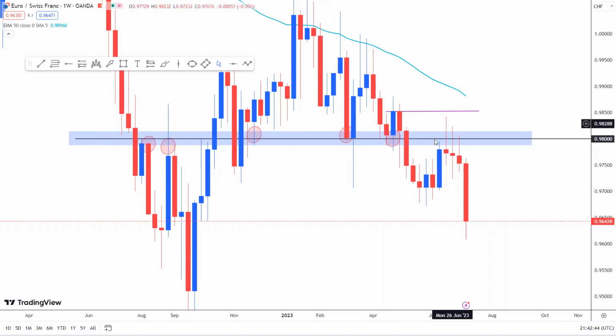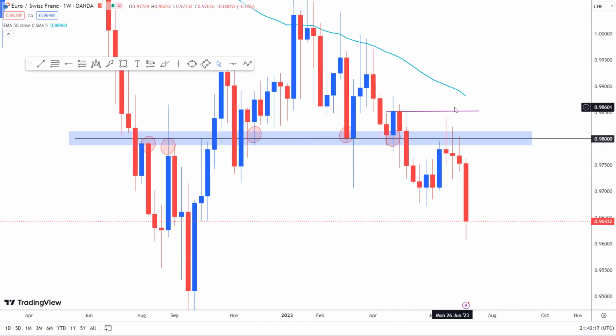A broken support becomes a new resistance. So because we're seeing the candlesticks below the level, the level is expected to act as a resistance, coupled with the fact that we also have the 0.98 thousand psychological round number right at the level. And like we previously identified, in confluence here is the fact that the level aligns with the 61.8 Fibonacci golden reversal level.